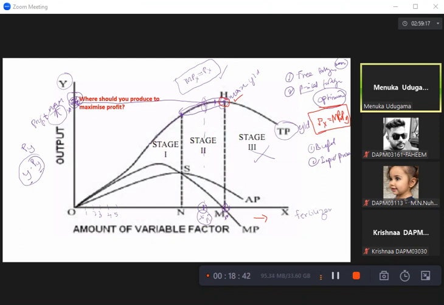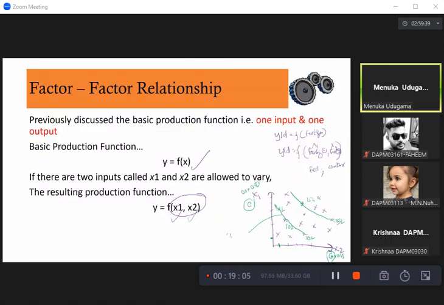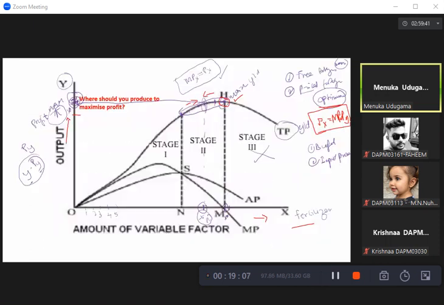When you do that, you can see as prices change, this point will shift. So prices will determine the optimum amount to use and also the corresponding optimum yield that you will get, because these are the constraints that the producer will face. So this is the input price, and this is the output price.